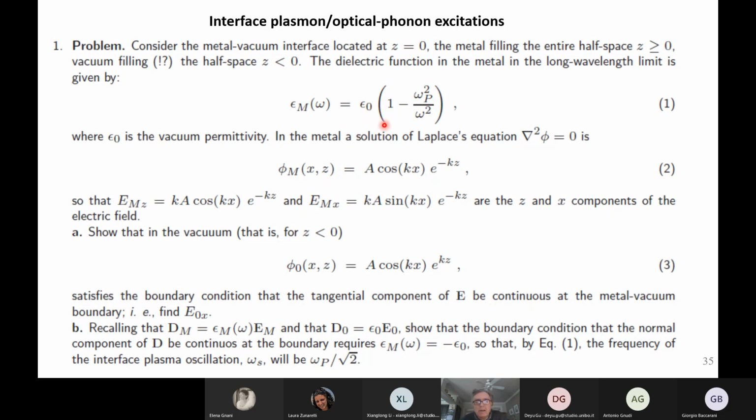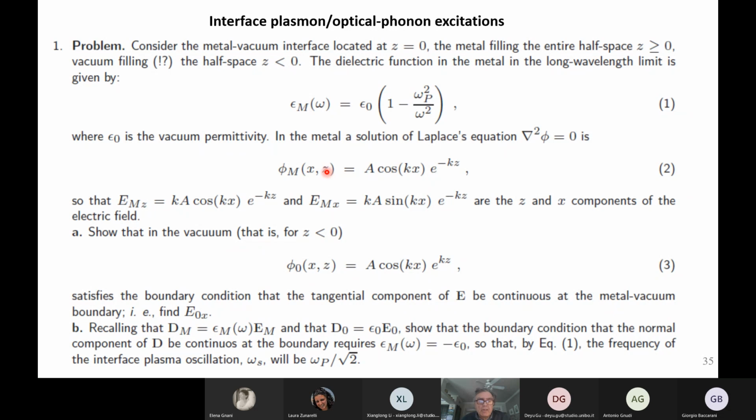Suppose we start by considering a metal, but the metal has a surface, and then there's vacuum beyond that. So what is the plasma frequency that we have? Well, in the bulk, we will have the usual plasma frequency, but at the interface we have another possibility: a potential which is localized to the interface.